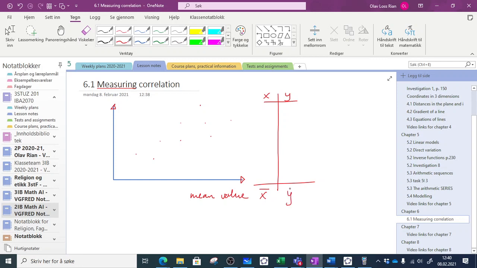So the average of x and the average of y. And once you've found the mean value for both, you can represent that as a point. It's not really a part of the data set, but you can still draw this as a point, and maybe it's here.